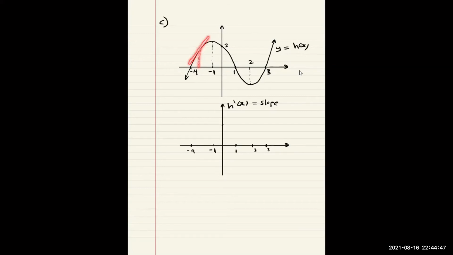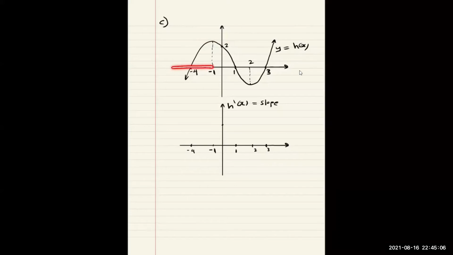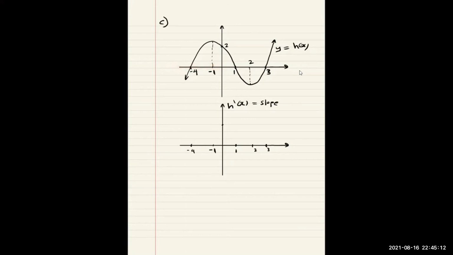So for all the x values in this interval, the slope of your function is positive, but at x is equal to -1, the slope is 0, because the tangent at that point is horizontal. That means the slope is 0. So you should have a shape like this.